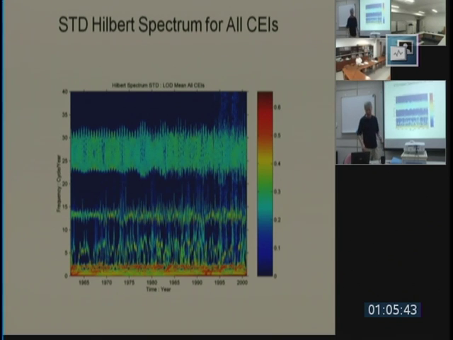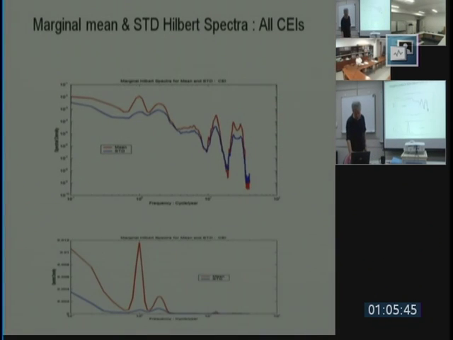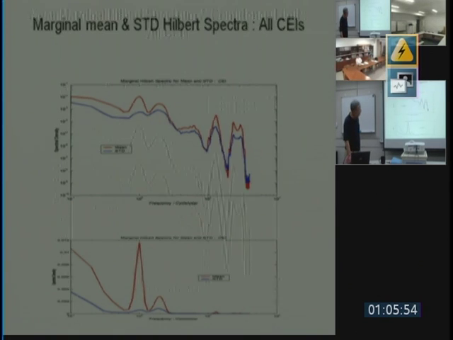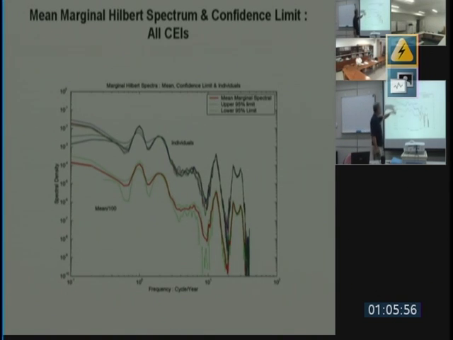Now, if we integrate everything together, you will see this is the marginal spectrum. This is the standard deviation, and if we present all 9 cases, we have a mean and a standard deviation.